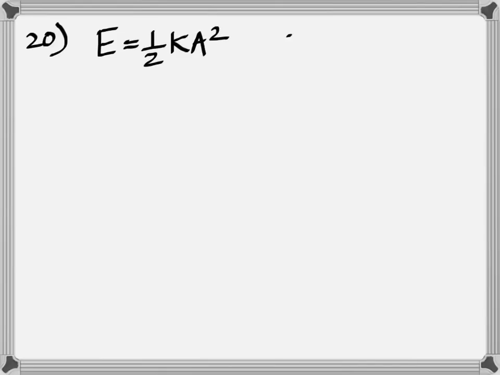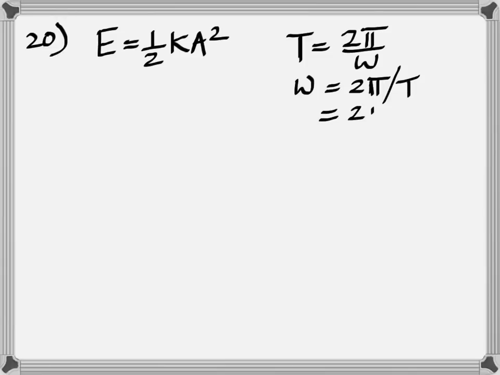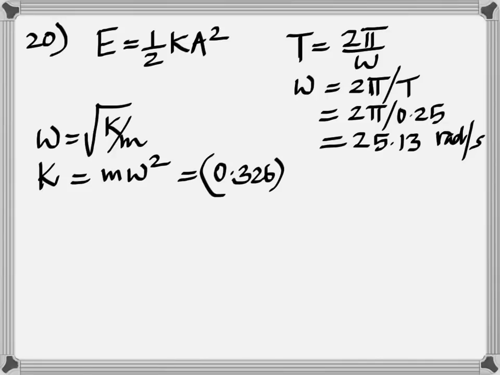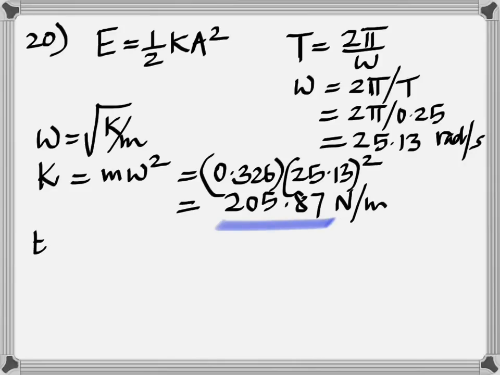20 is about oscillation of a spring with a mass attached. And the total energy is given, and total energy is 1/2 Ka squared. Also, you can find omega. From omega, we can find K, and then plug it back into the first equation.